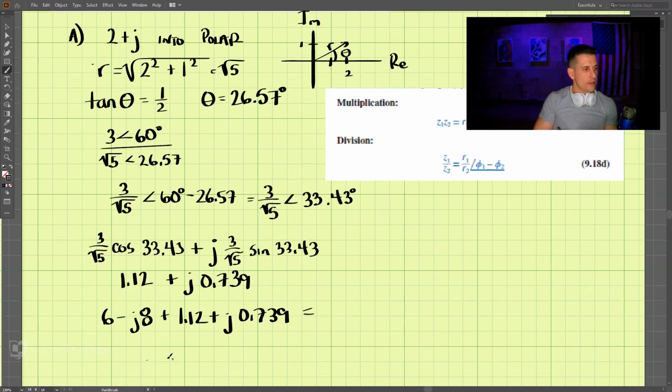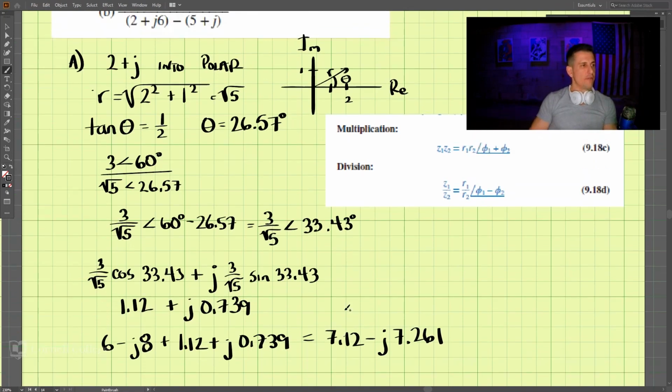And these values then come out to be 7.12 plus j, well, this is negative 8, so that is minus j8.739. So that is 7.12 minus j7.261.